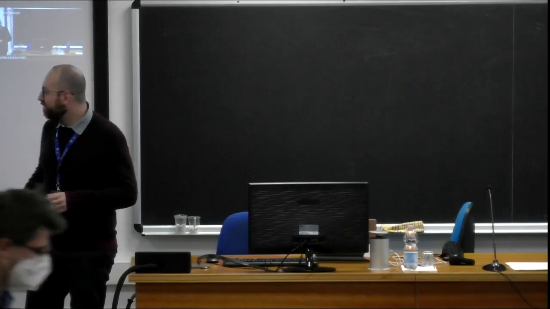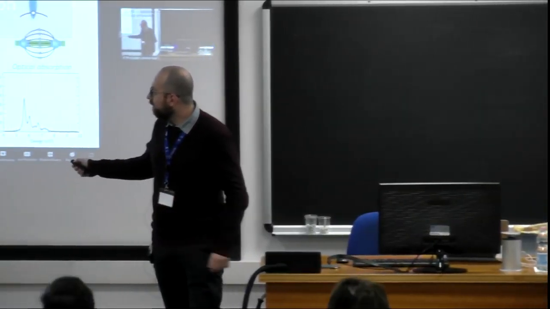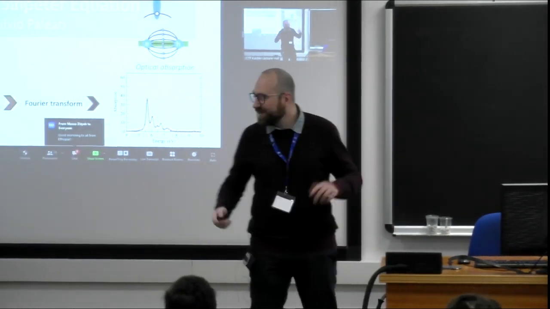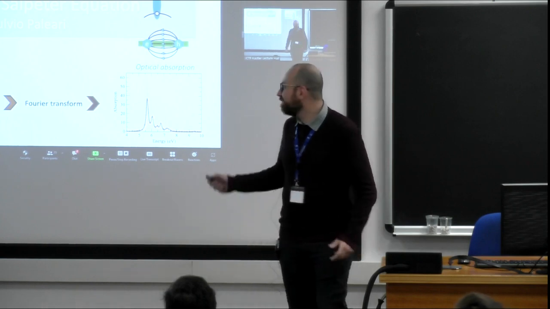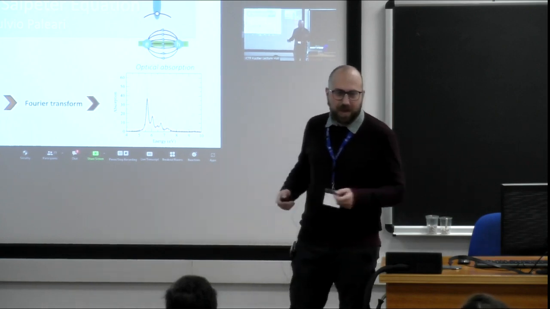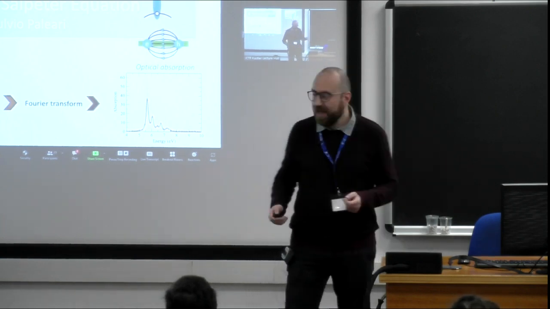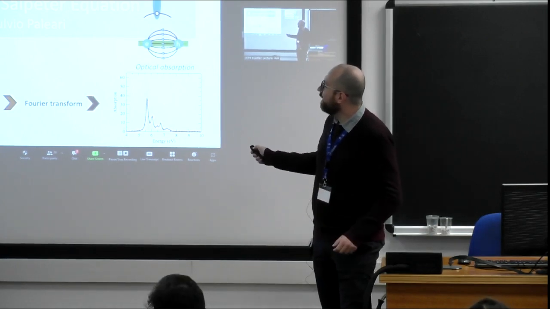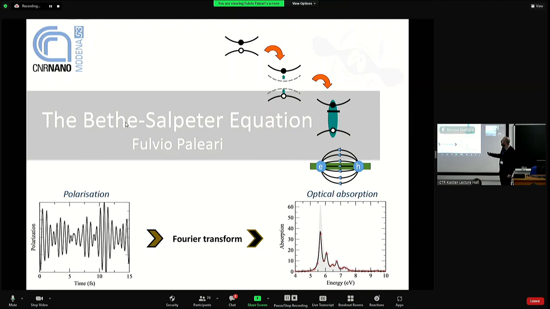So, as Davide introduced, I'm Fulvio Paleari. I work as a postdoc in Modena. Today is the neutral excitations day at the Yambo school, which means, for our purposes, bound electron-hole pairs, which are called excitons. As you can see here in this simple picture, here we have a band structure, a hole, and an electron. We've seen yesterday, for example, with the GW method, we can compute quasi-particle corrections, which typically enlarge the band gap.